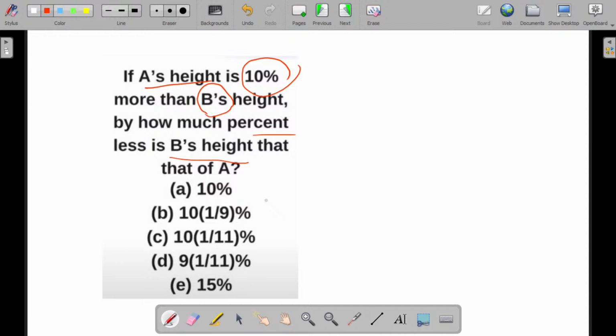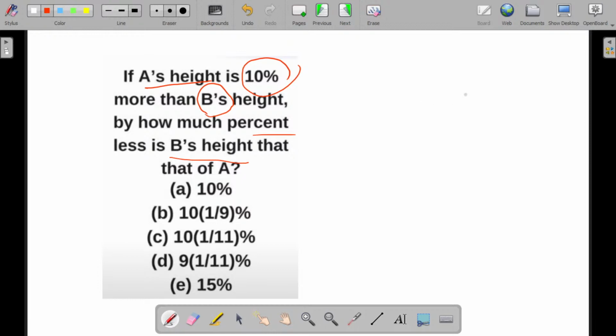The mental ability means how you solve the calculation, how you analyze the problem. That comes only with practice. Every company, every sector, they conduct a placement test or any job recruitment. The first test is the aptitude test. So this is very important.